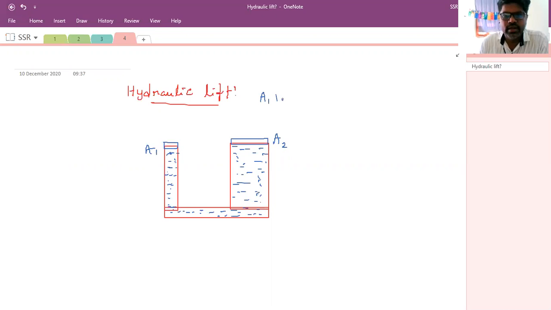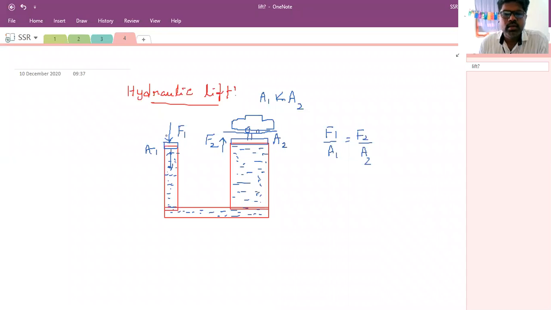Now you can apply force F1 here, and here you can put some heavy weight, suppose a car to lift. Force F1 is applied downward, then on this side force F2 acts upward by compressing the liquid because of the pressure change. According to Pascal's law, F1 by A1 is equal to F2 by A2.